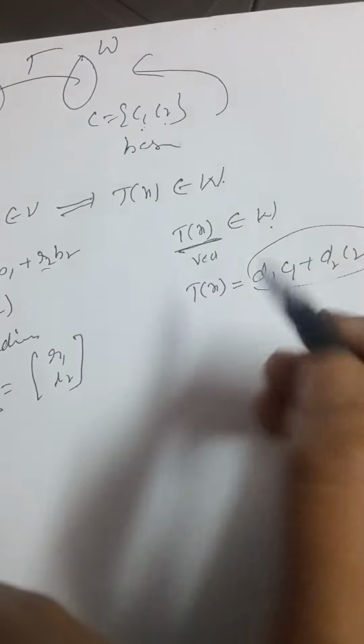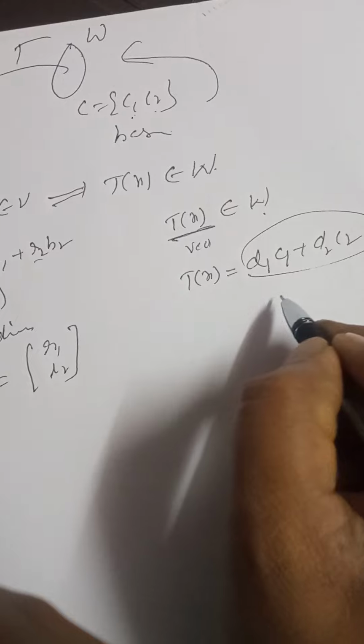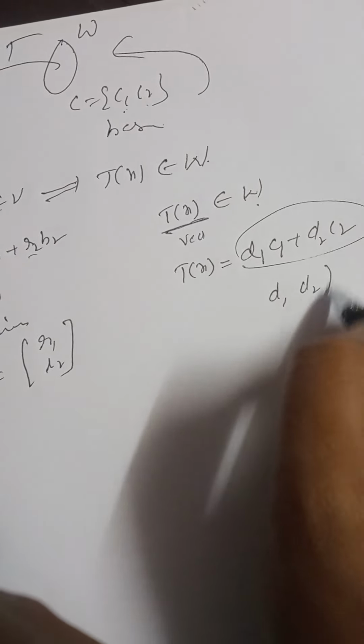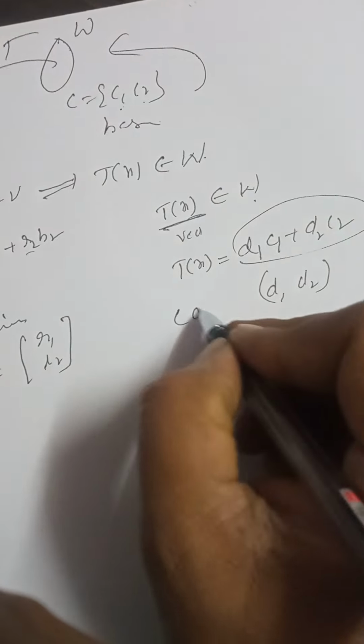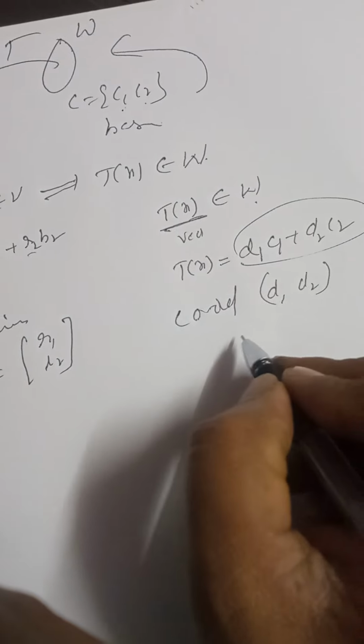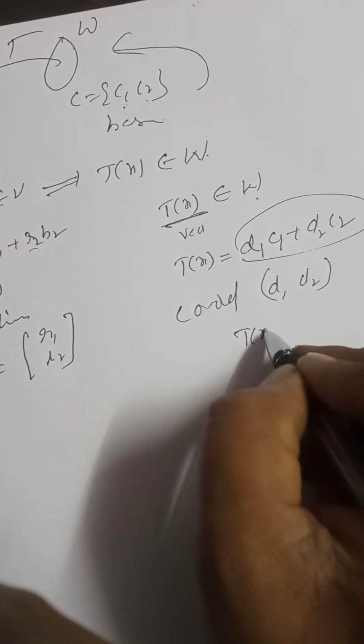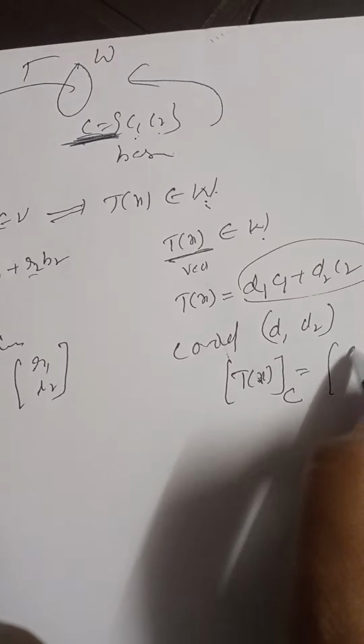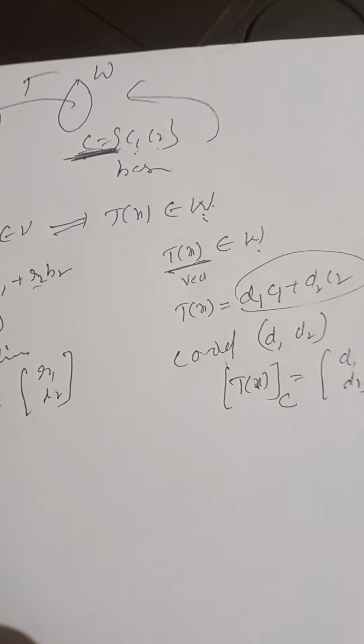It is a linear combination of the elements of the basis, right? Now the scalars d1, d2 are called what? Coordinates. Now see, the coordinates of this vector, which is in W, relative to the basis C, what is the basis here? C is equal to d1, d2, right?